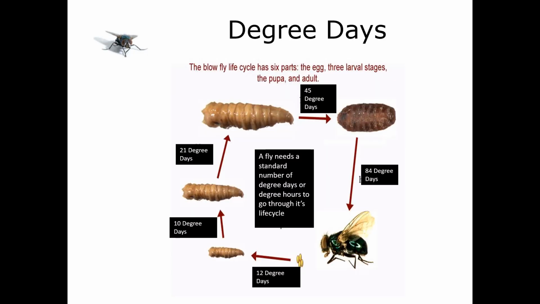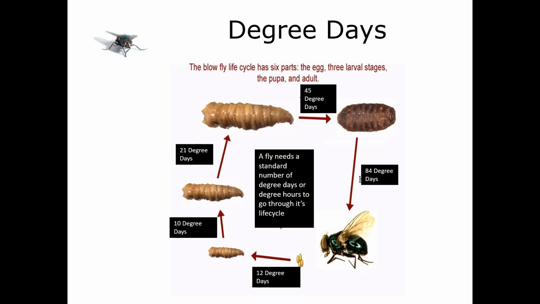Now, this is what this looks like with a full life cycle going on here. So through this math, through our observation, we have figured out that a particular fly species needs a standard number of degree days or degree hours to make it through each stage of its life cycle.